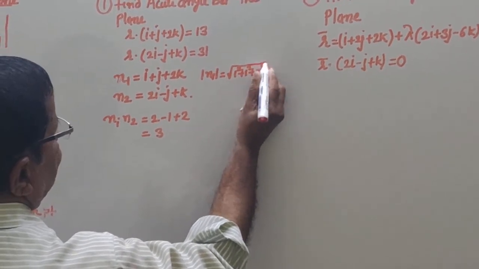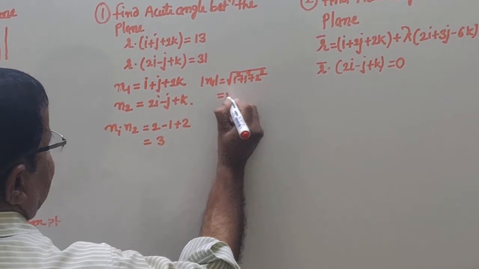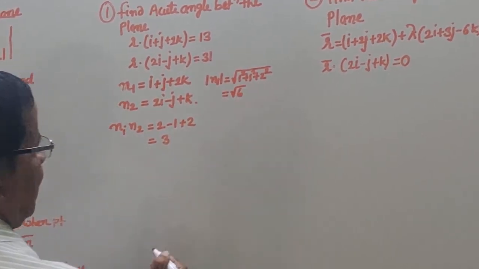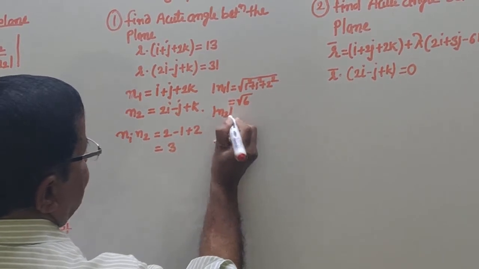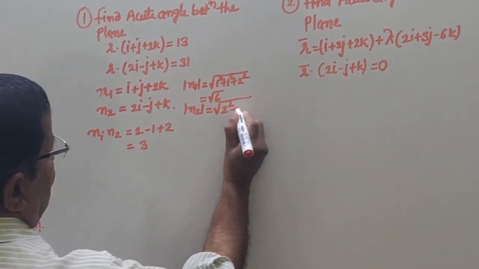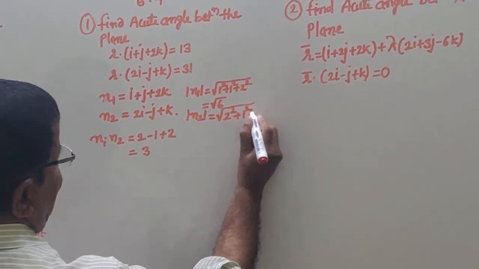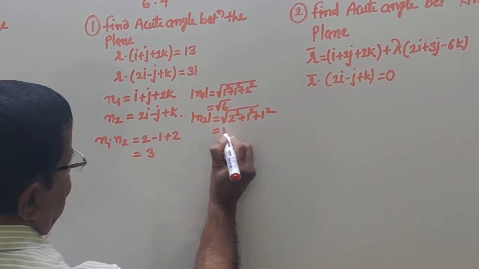This comes to 1 plus 1 plus 4, that is 6, so root 6 will come here. The magnitude of n2 is the square root of 2 square plus 1 square, minus 1 square is again 1, plus 1 square. This is also root 6.